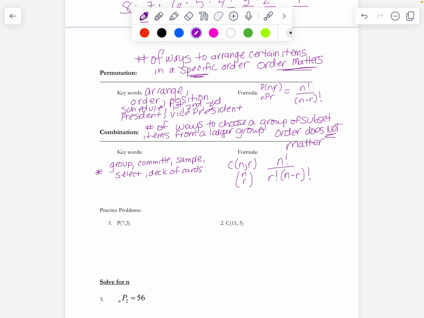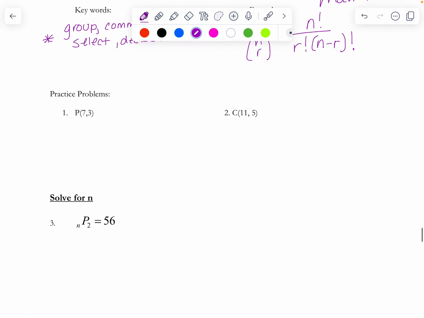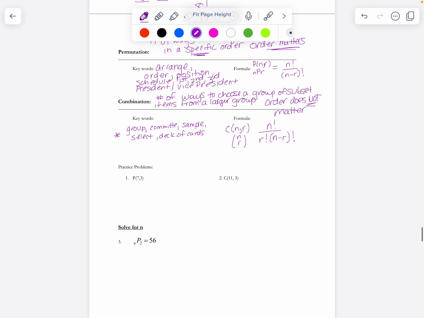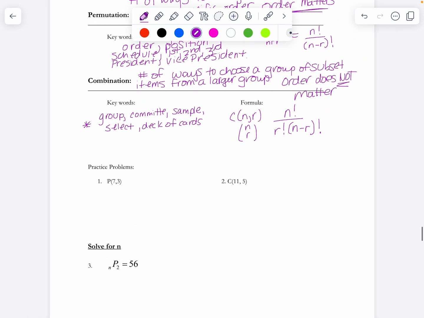So go ahead. Now, what we're going to look at, if we look at these, we know that we can use our formula. We did combinations before, but for permutation, I can go ahead and do the same type of thing. So I can do 7 factorial over, this becomes 7 minus 3 factorial.